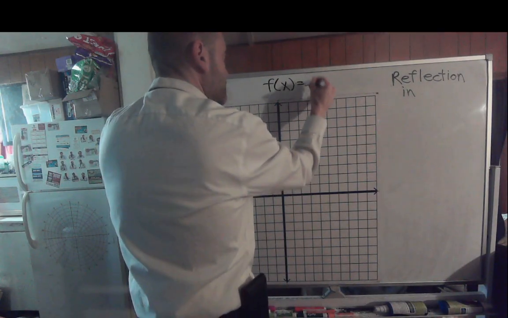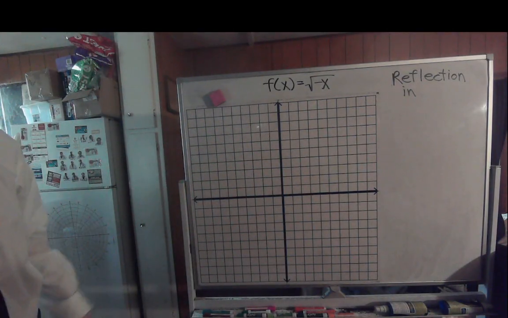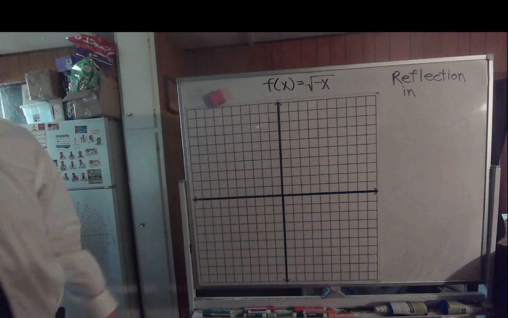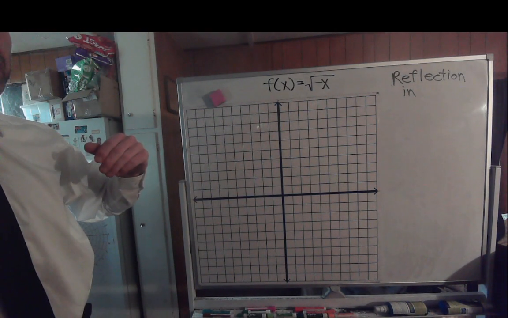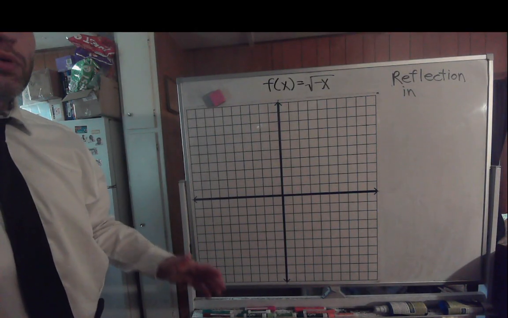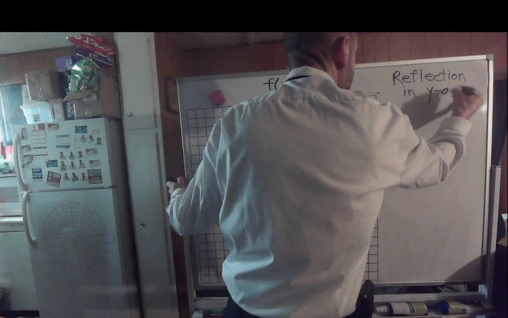Now, this is where it really is going to matter, though, where I place the negative sign. F of x equals the square root of negative x. Well, what do we know about the square root of negative x? That means our domain can only be x less than or equal to 0. So this is actually going to be a reflection only in the y-axis at this time.